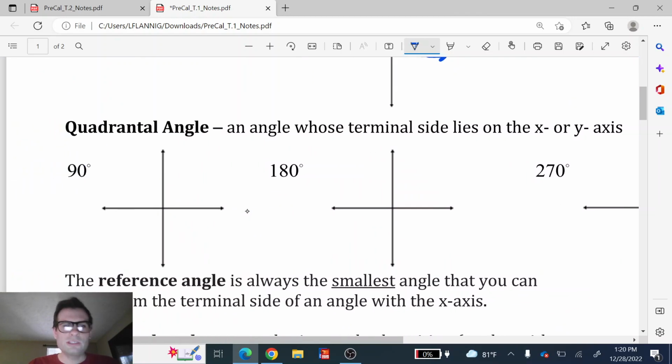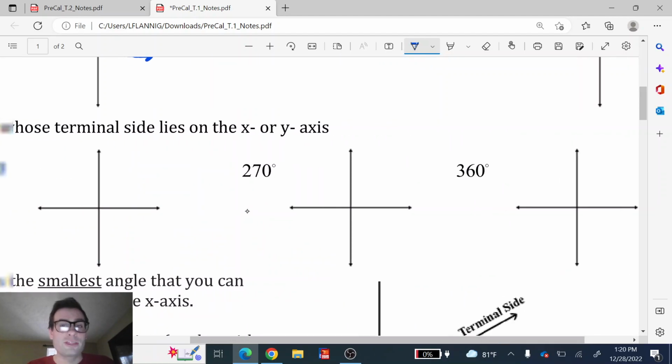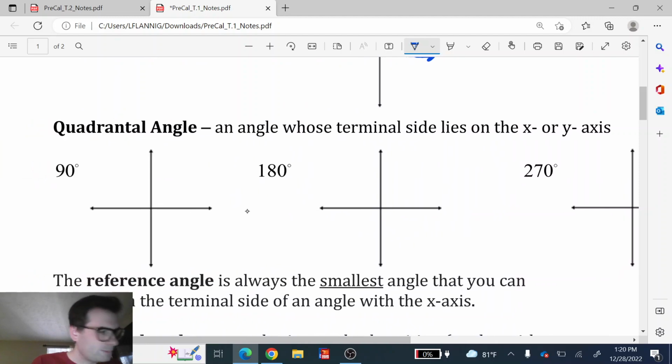And then there are these quadrantal angles, and these are really easy to understand. They're just four base angles with 90 degrees, 180 degrees, 270 degrees, and 360 degrees. The 90-degree angle we've already done, so that looks like this. Please take these notes. We have a 90-degree angle.